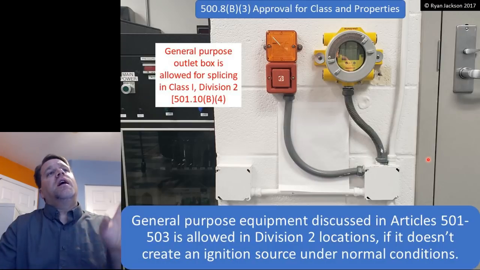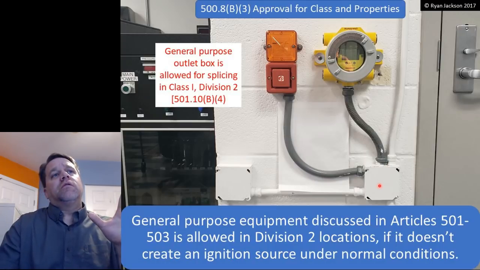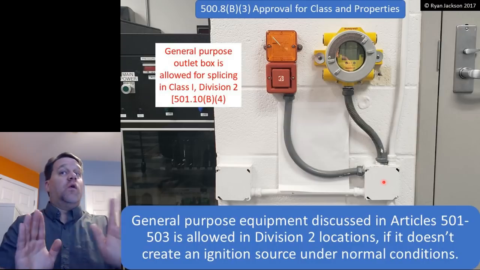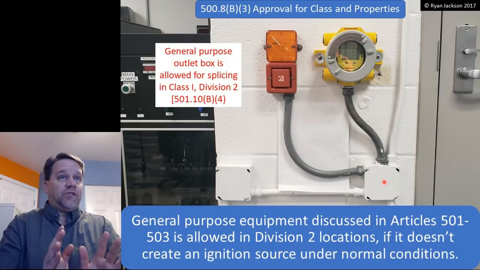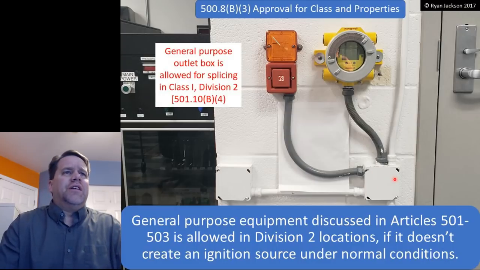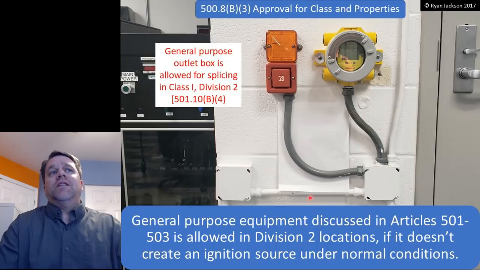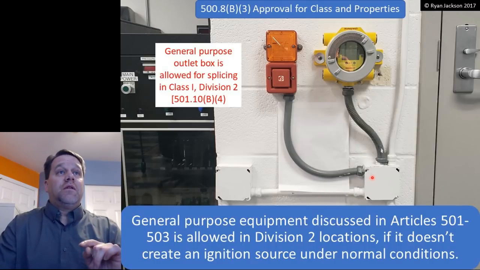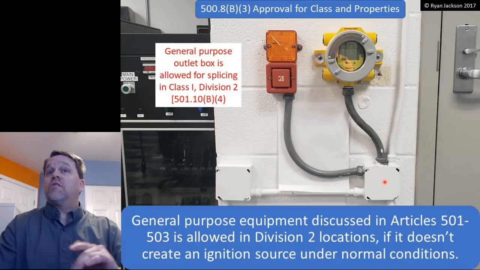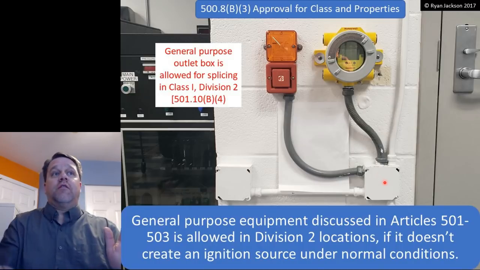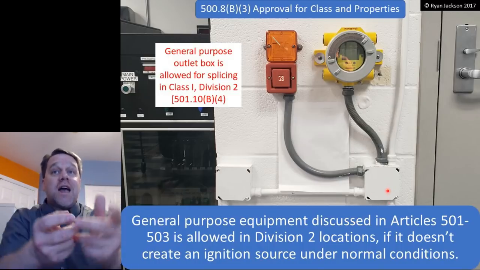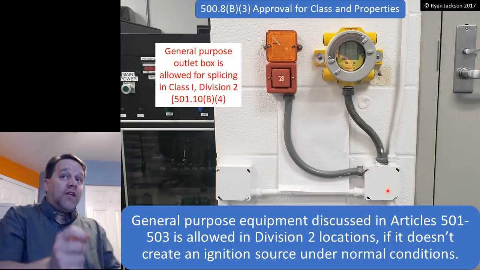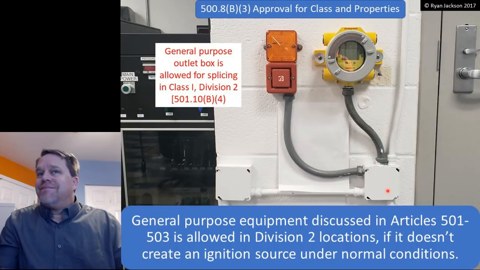So think about it. How would this splice box, now there's no arcing or sparking devices, it's just a splice, how would this create an ignition source? It would require, like, somebody drives the forklift into the barrel of acetone, and at the same time an electrician is in this box working energized, which they should never be doing, blowing themselves up while the guy drives the forklift, right?